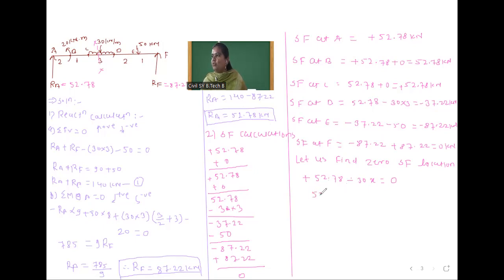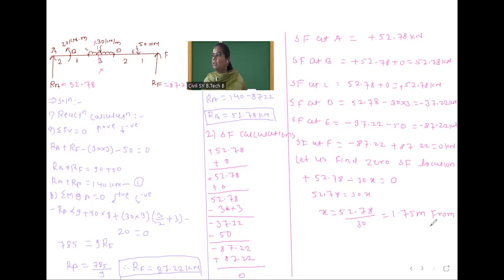So 52.78 is equal to 30x. So x is equal to 52.78 divided by 30, which is 1.75 meter, but from C point.